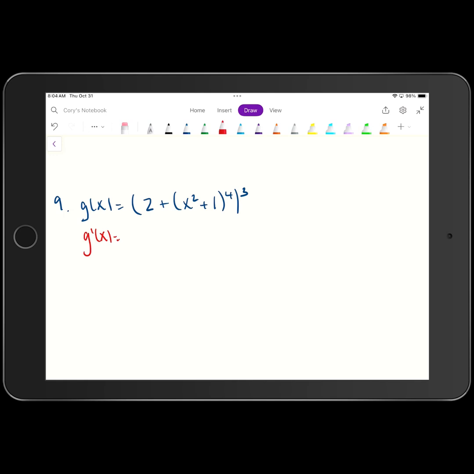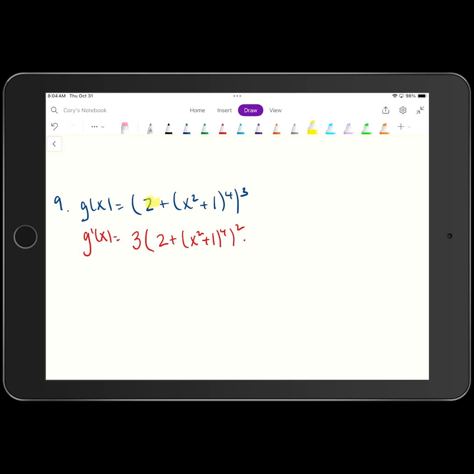So if we want to take the derivative of x cubed, that is 3 times something squared. Okay, we're going to evaluate that at our inner function, which is 2 plus x squared plus 1 raised to the 4th power. And then we're going to multiply that by the derivative of the inner function.